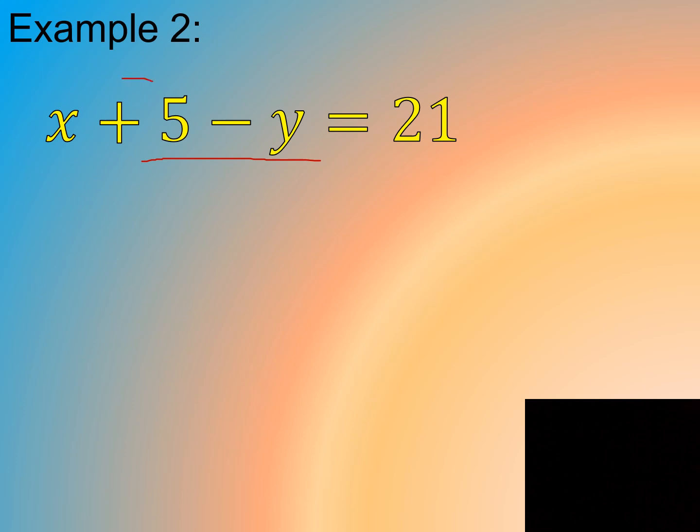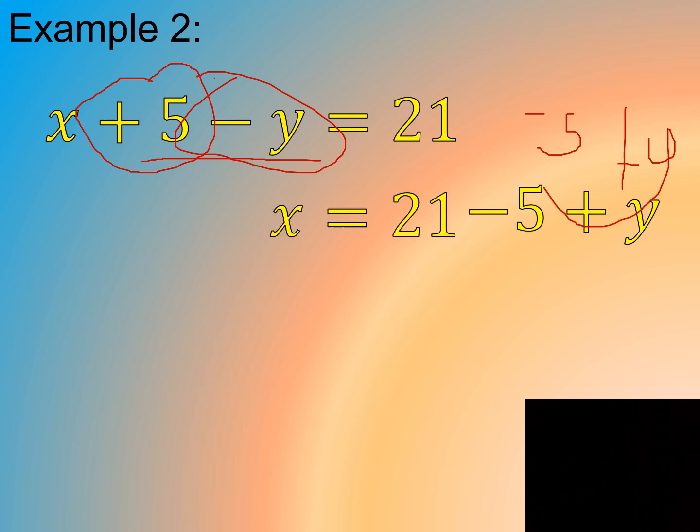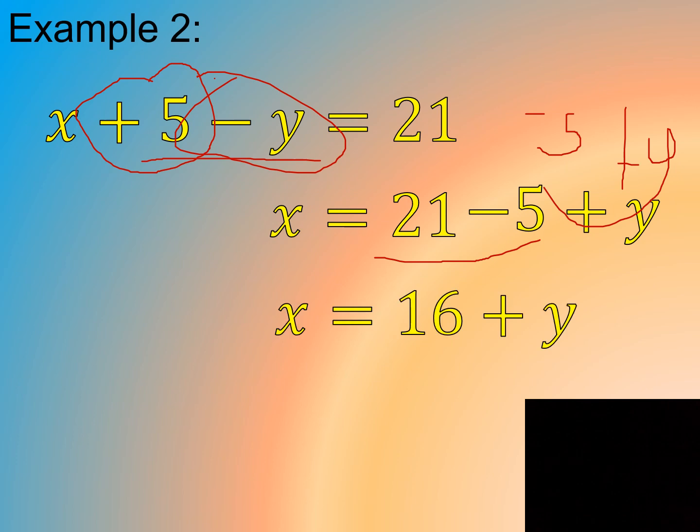So if we transpose positive 5, it will become negative 5. And also if we transpose negative y, it will become positive y. So our new equation now is x is equal to 21 minus 5 plus y. We now simplify like terms, so 21 minus 5 is equal to 16. Our equation now is x is equal to 16 plus y.